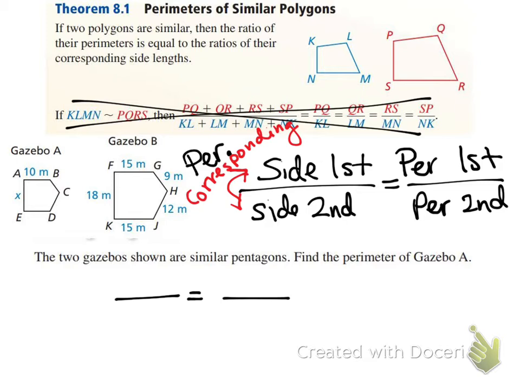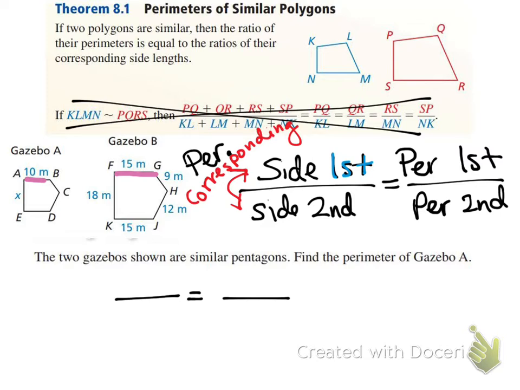So when we go to plug in a side from the first figure, you need to pick a side that has a corresponding side on the other figure. So the only side we know in A is 10, and it corresponds with 15.